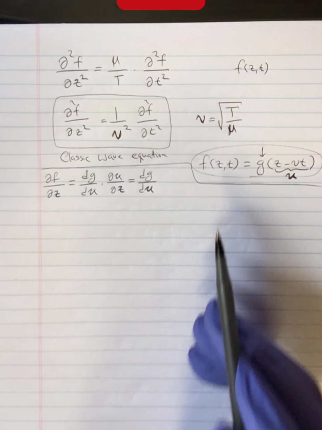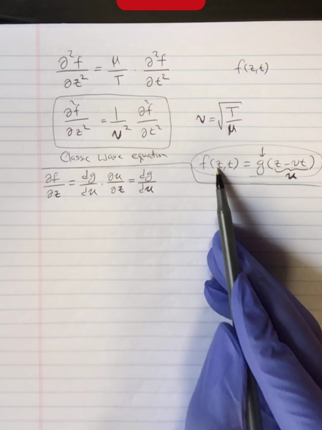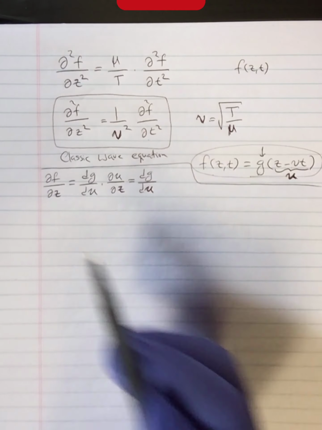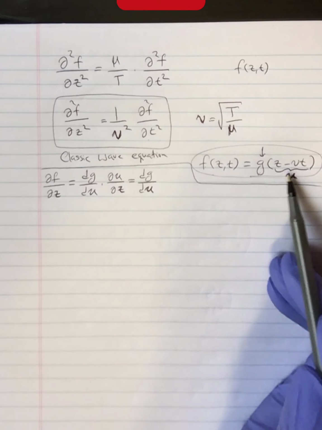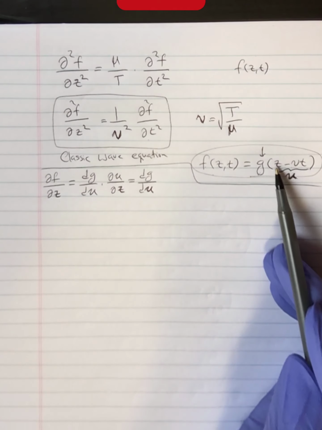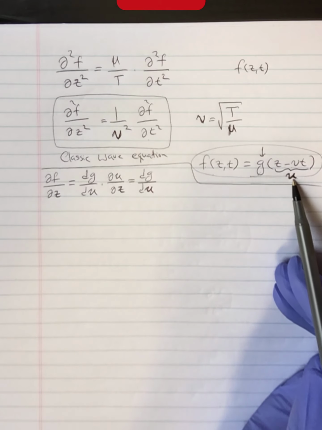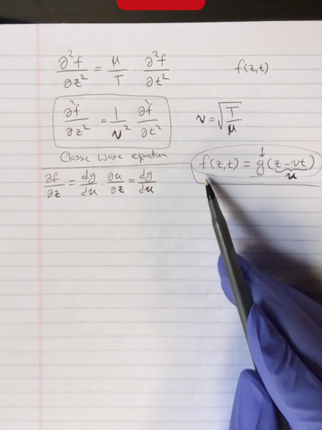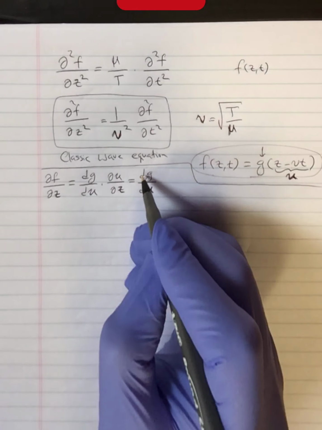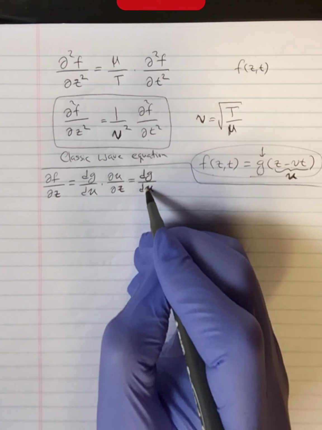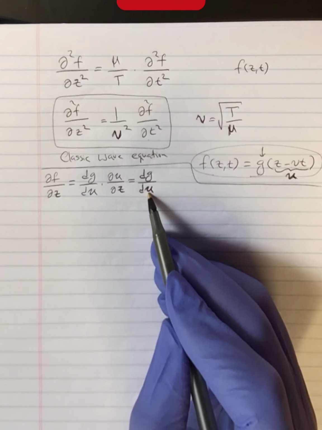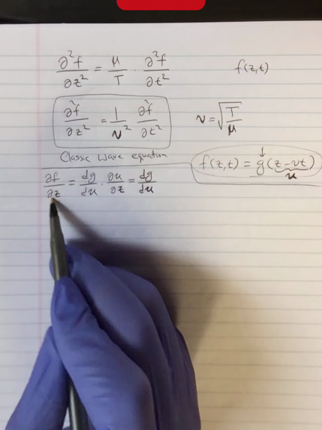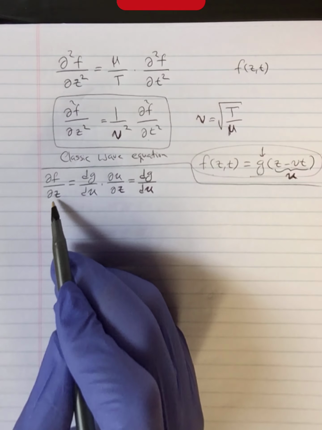And remember, F itself is again a function of two variables, so we should write it in terms of partial derivatives, but g is a function of a single variable, even though we are using z minus vt here, that's technically just u. As a function, it has just one single input, not two inputs. F has two inputs. So dg over du is simply the derivative of g with respect to u, and for F, you should write partial, whether it's with respect to z or with respect to t.